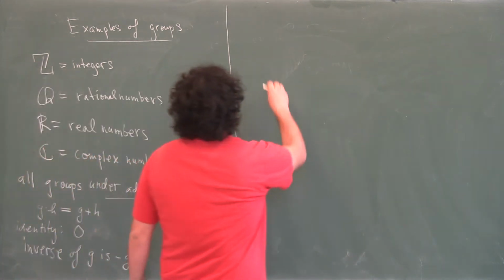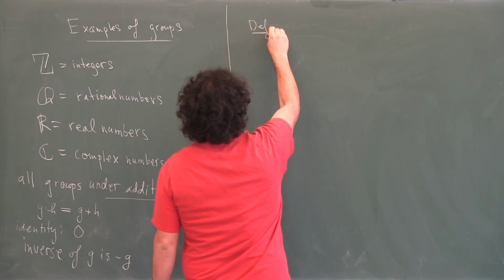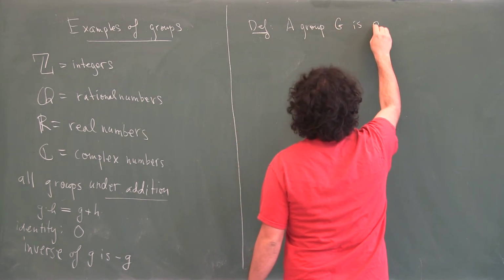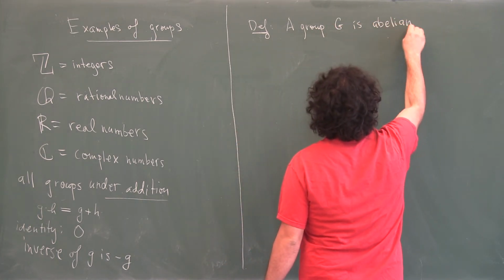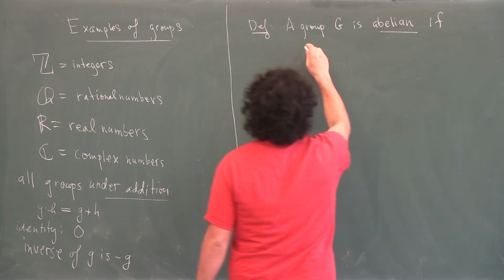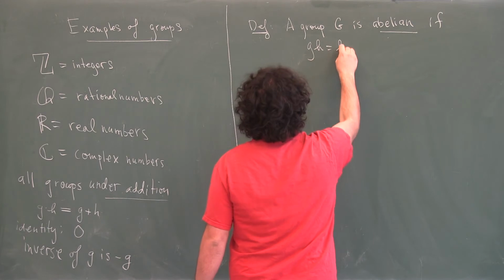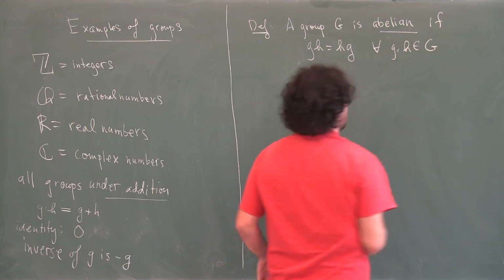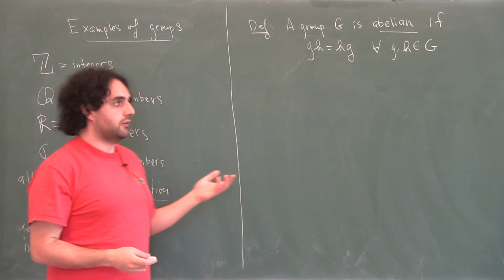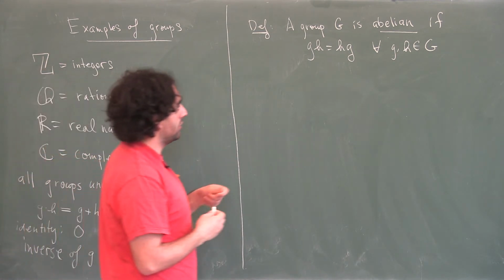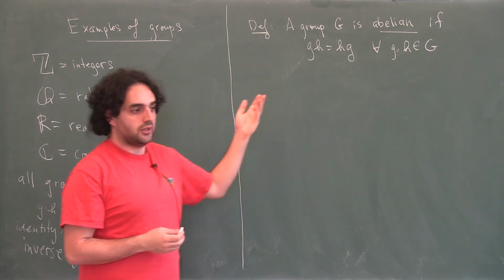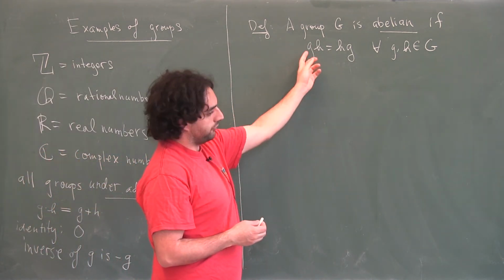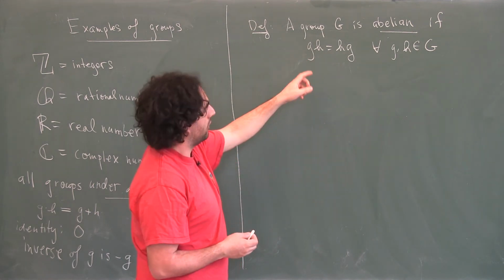What is an abelian group? So, definition: a group G is abelian if G times H is equal to H times G for all G and H in G. So while every group is associative, that is, the order of the parentheses doesn't matter, a group is not necessarily abelian or commutative, meaning you cannot just move around the elements across one another.